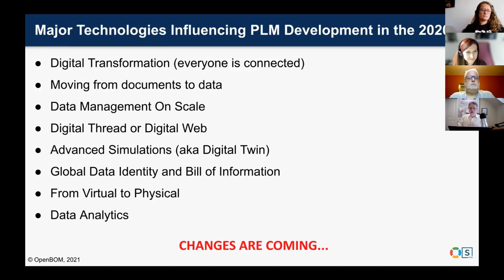So the connection between them is another very interesting topic that impacts all the systems, because we want to design and use a product. We design virtually, we use the product physically, and these two environments are going to be interconnected. So how to make all this data play together, I think it's a big question that the technology companies and PLM companies will be solving for the next few years.